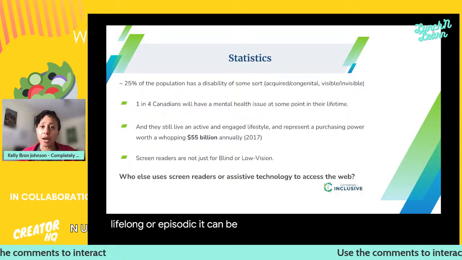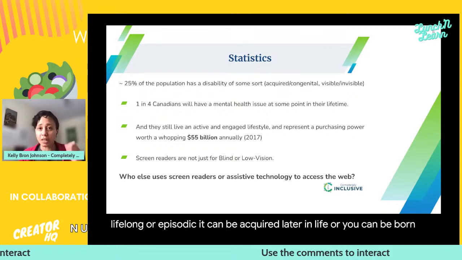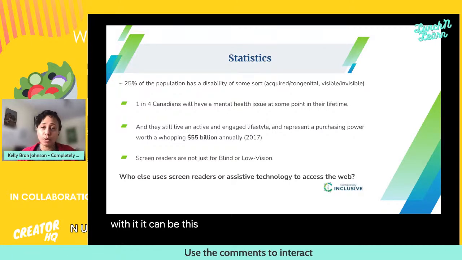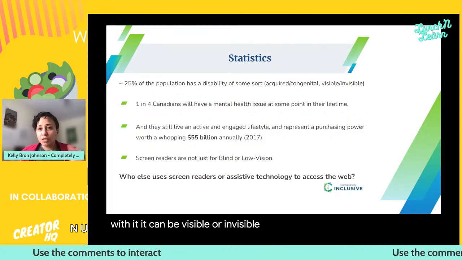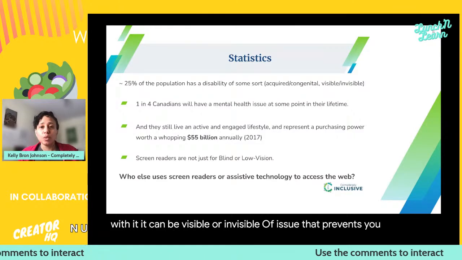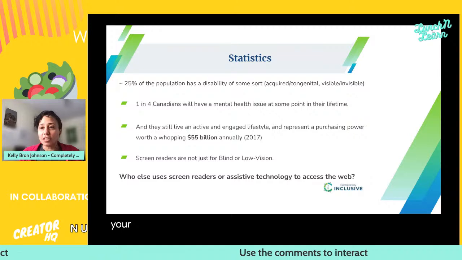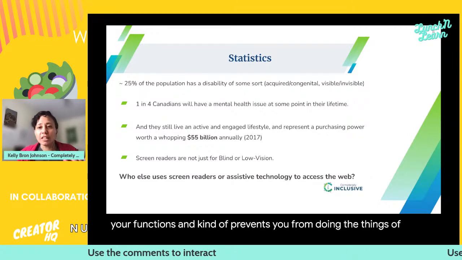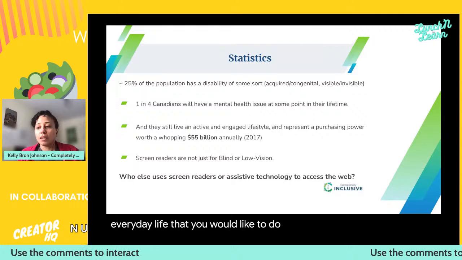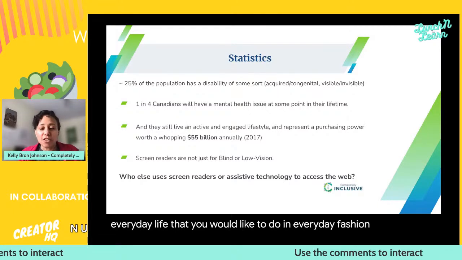It can be acquired later in life, or you can be born with it. It can be visible or invisible. But any sort of issue that prevents you or limits your functions and kind of prevents you from doing the things of everyday life that you would like to do in everyday fashion.